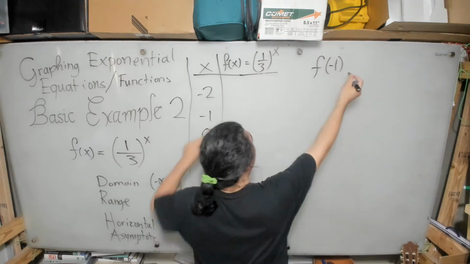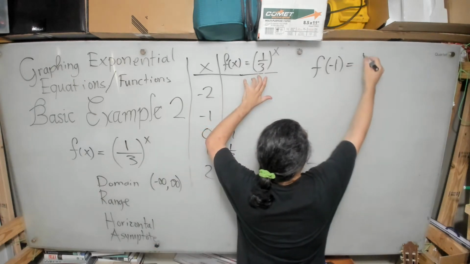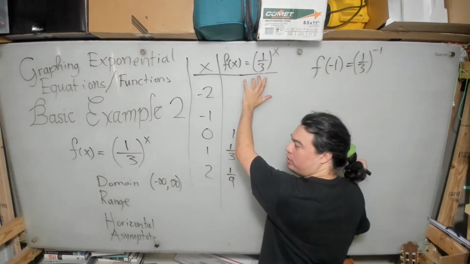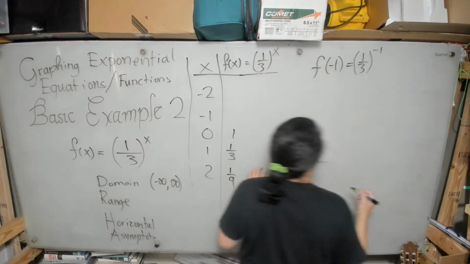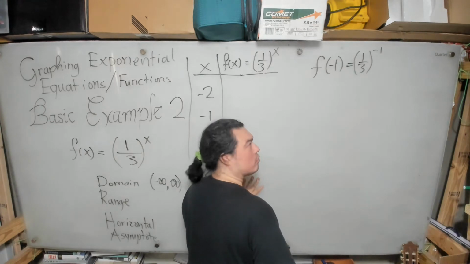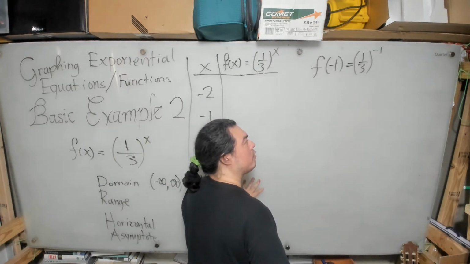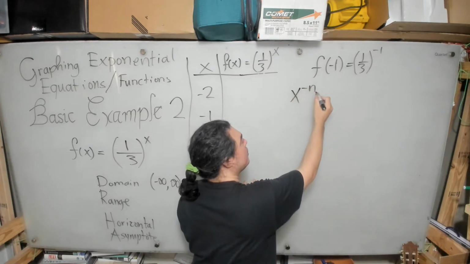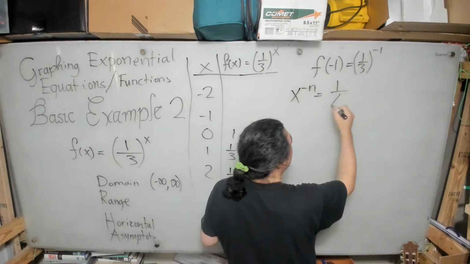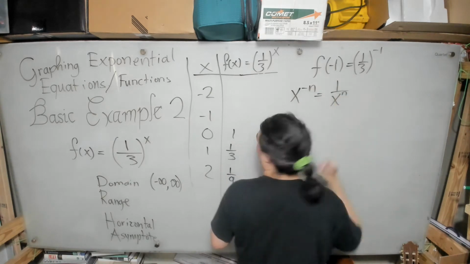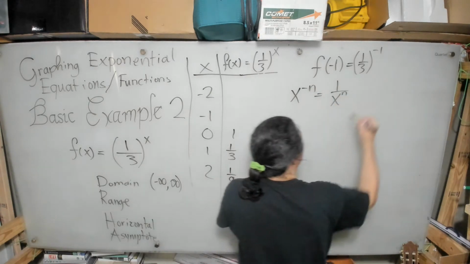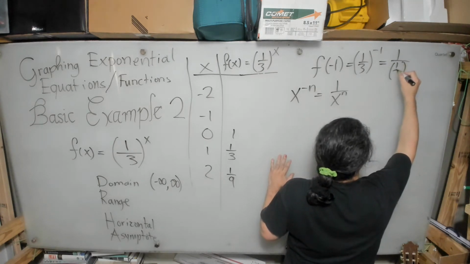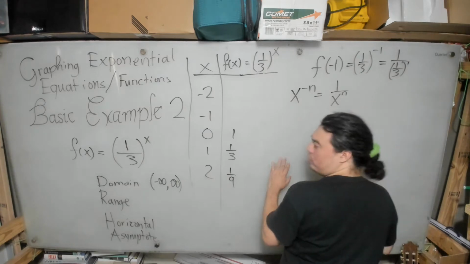So f of negative 1 is going to be 1/3 to the negative 1 power. Now you might say to me, well, David, we know the following fact. We know that x to the negative n is equal to 1 over x to the positive n. So then here, this can be written as 1 over 1/3 to the first power.